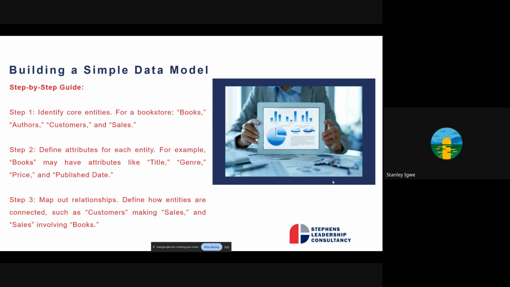These are also known as columns or fields. That's the attribute. Then step 3 is to map out the relationships. How is this particular dimension or entity related to this one? How are they connected? You start making those connections and voila, you have a data model in a very simple way.